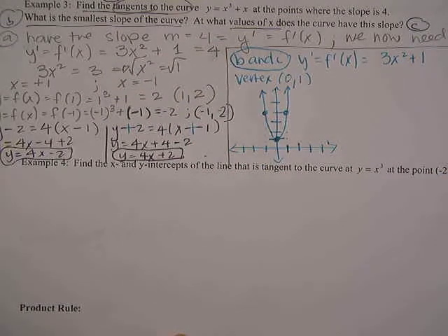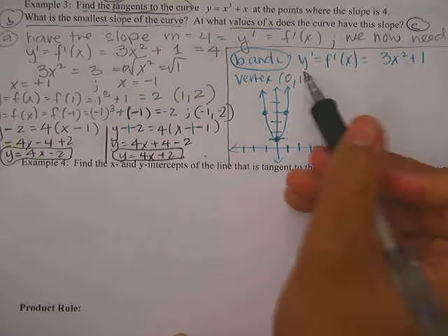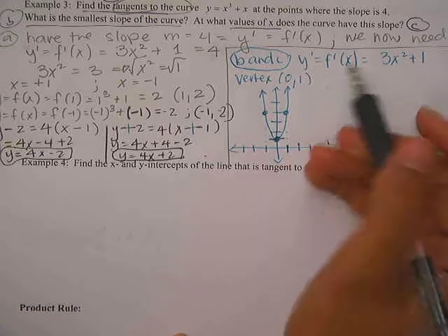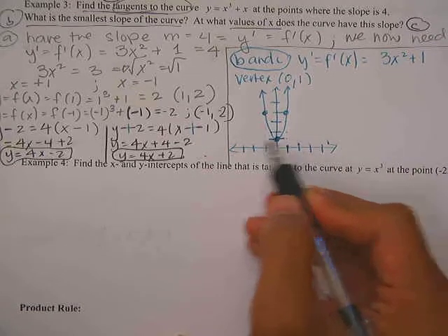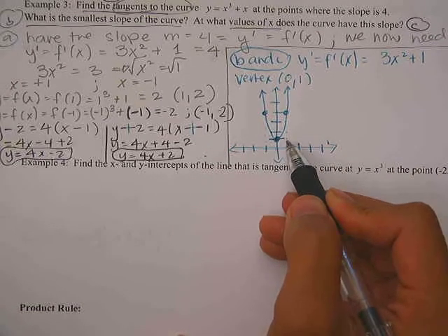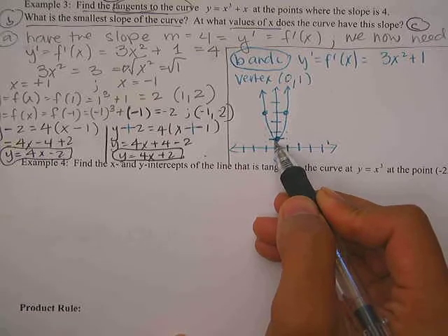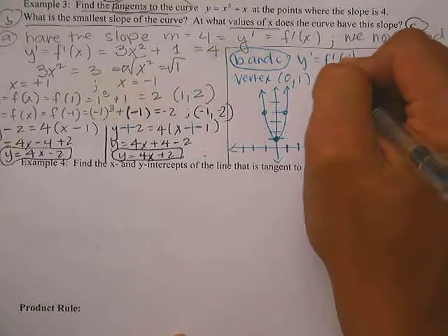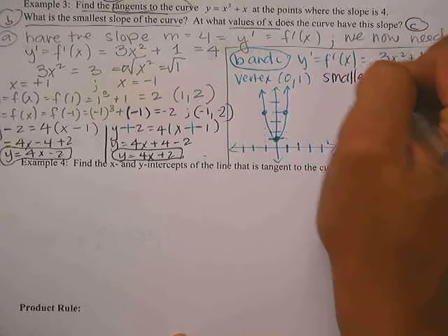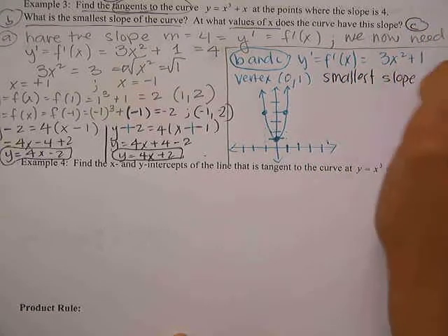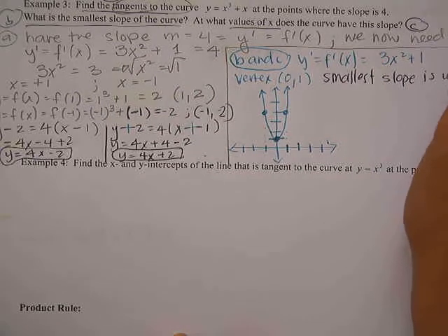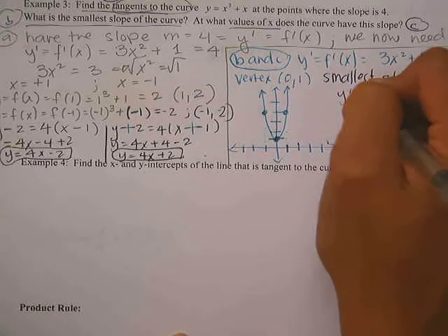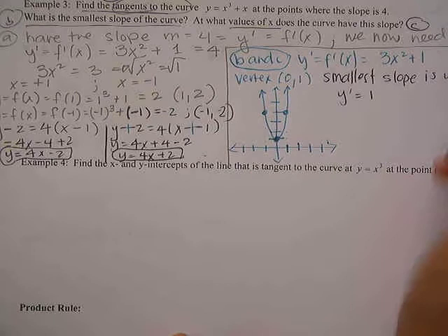Okay, so the smallest y prime, which is the smallest slope, it's the vertex. Okay, so in this case, y prime equals 1. Okay, so I'm going to spell it as smallest slope is when y prime is 1. Okay, now what location?